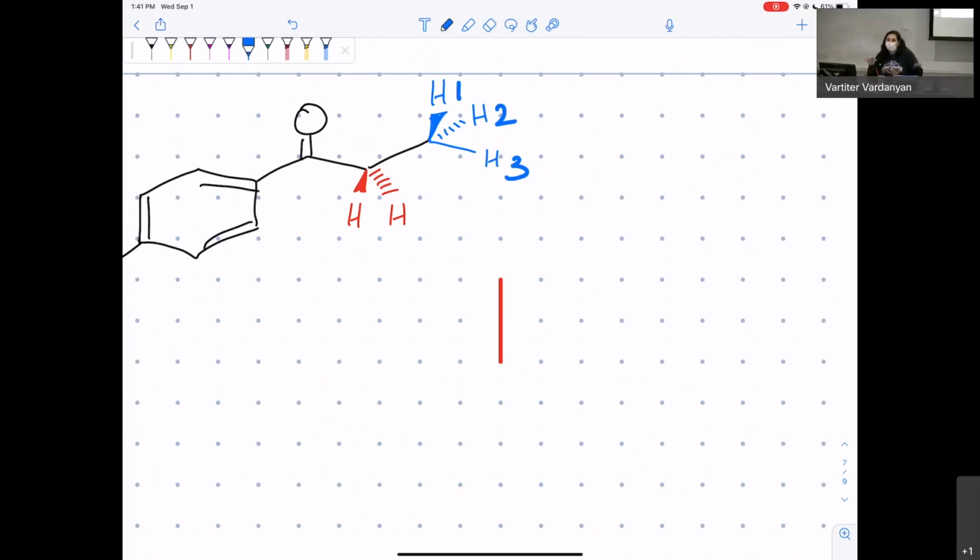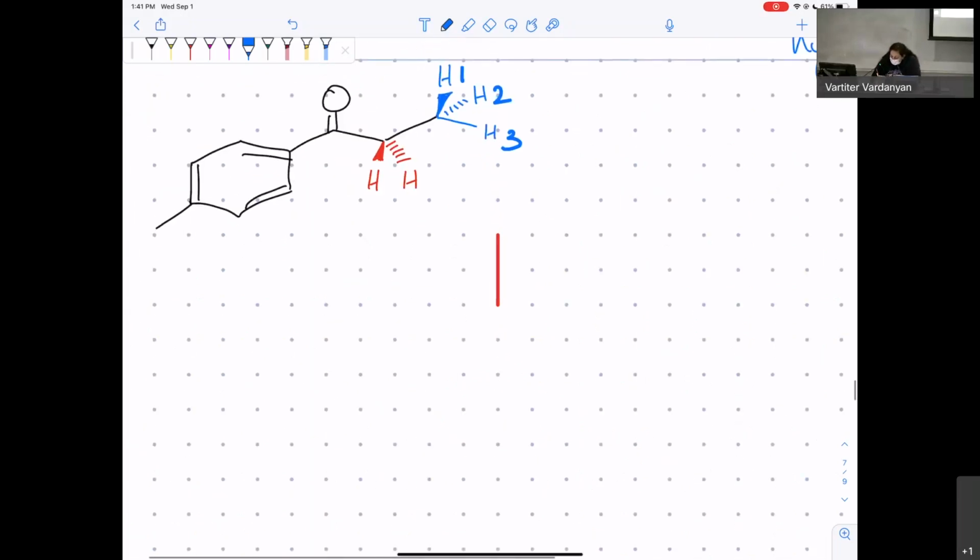So this red signal is hanging out. H1 comes in and splits it like so. I'm going to say this was H1. And this split happened at a very specific value, the J value.